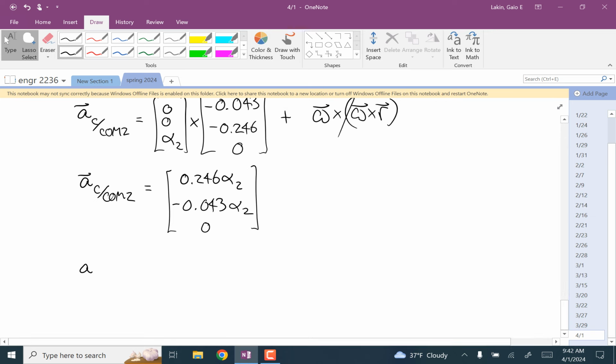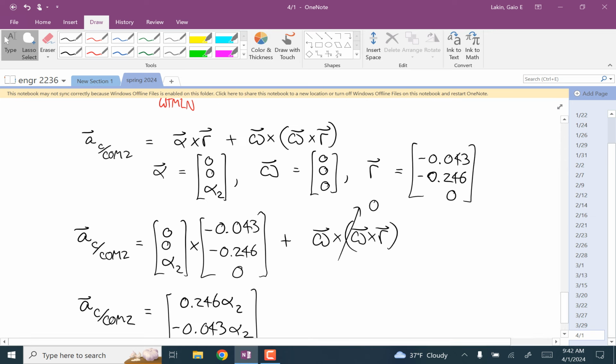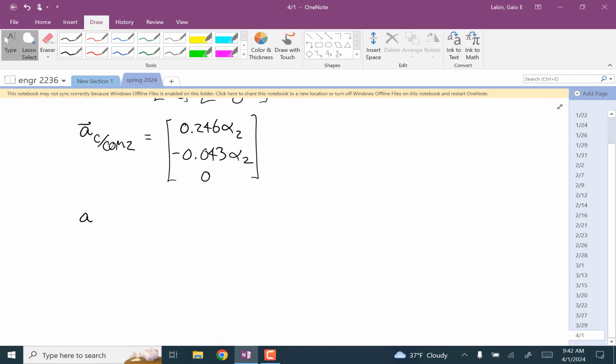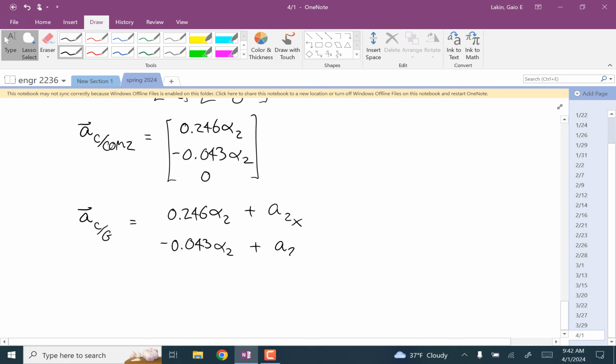The total acceleration of that point C, then you have to use the relative motion equation. So this is 0.246 alpha 2 plus a2x, negative 0.043 alpha 2 plus a2y. That's an expression for the acceleration of that point.